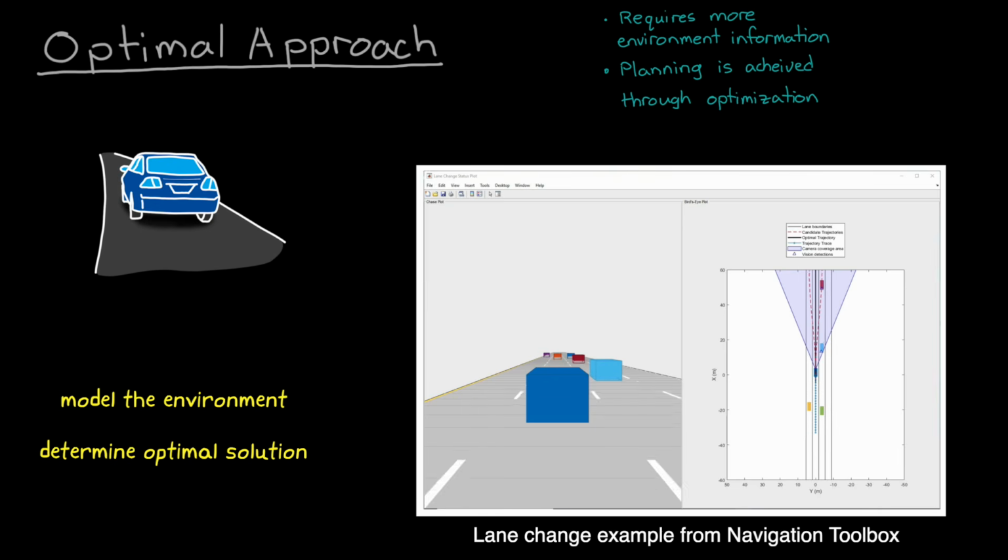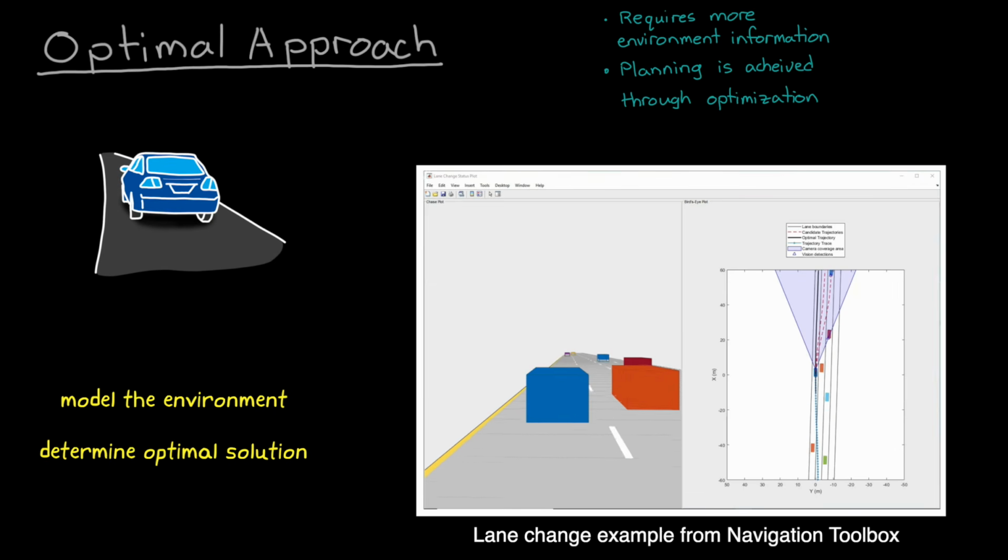So possibly a better solution is to have a heuristic behavior that says something like, if it's safe to do so, always attempt to pass slower cars. And once that decision is made, an optimal path to the adjacent lane can be created. And in this way, these two approaches can complement each other depending on the situation.